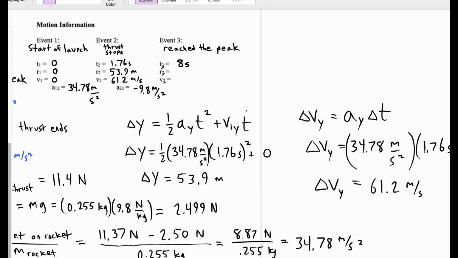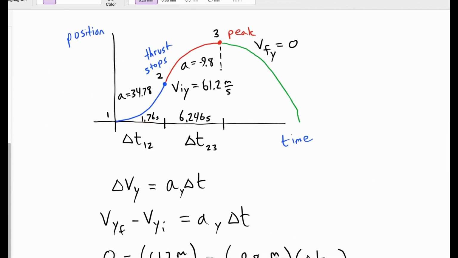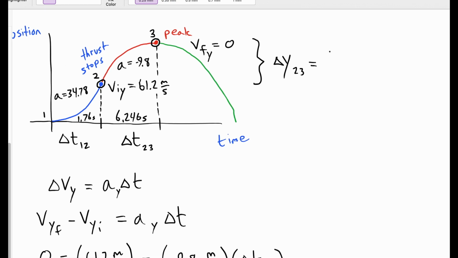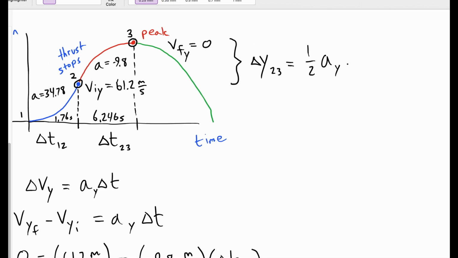All right, now, how high does it get off the ground? We have to find this out. How tall is that? We could find the delta y for that second interval, going from 2 to 3, and then just add it to the delta y that we had calculated earlier. So what do we need for that? We need 1/2 a_y t squared plus v_iy t.